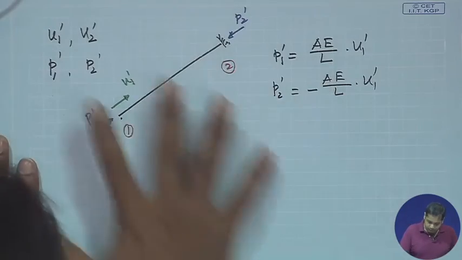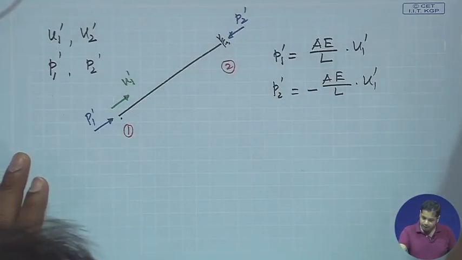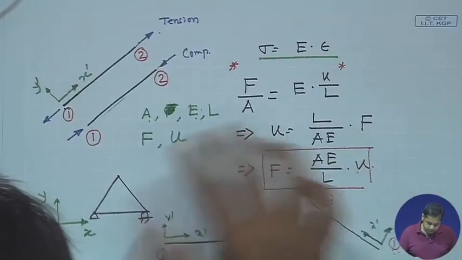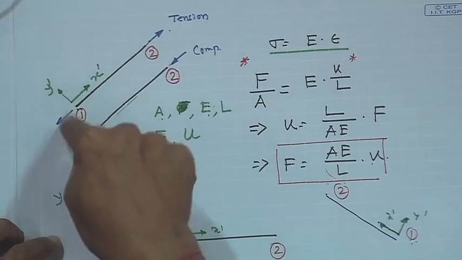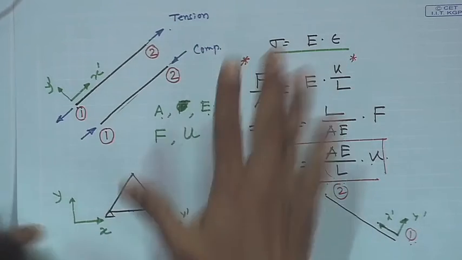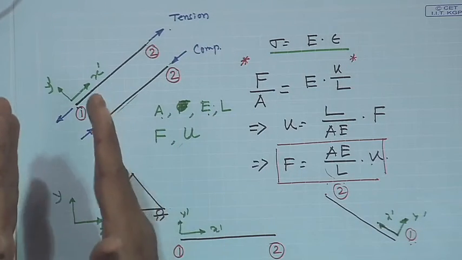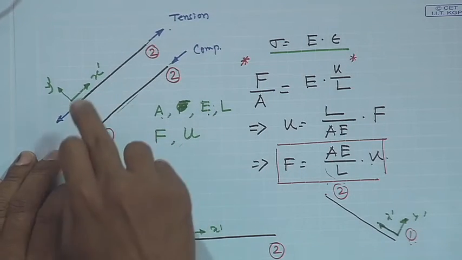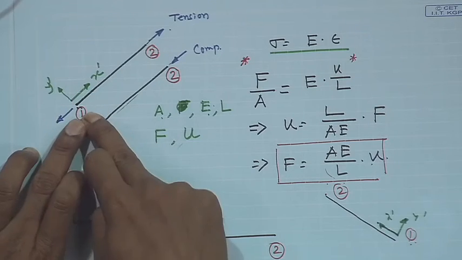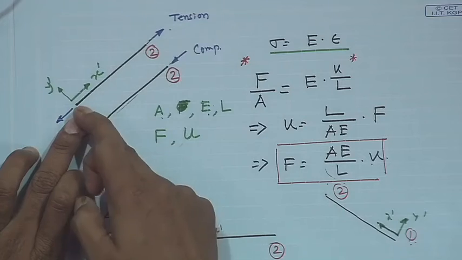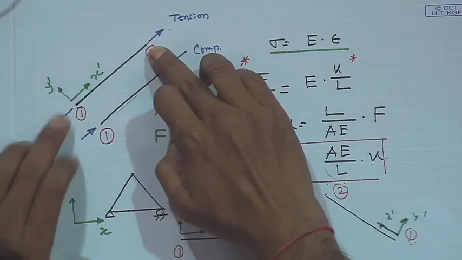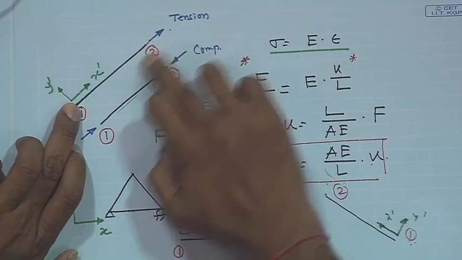So you try to understand this. Actually what we are going to do is, we have a member like this where we have displacement at this point and this point both, but we are considering first deformation only at point 1, and then see how we have the displacement and force relation, and then similarly we will do keeping point 1 fixed and allowing only point 2 to deform.